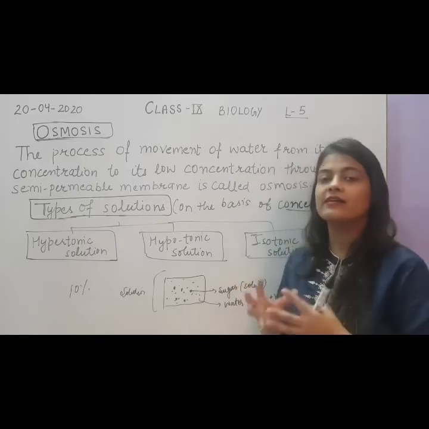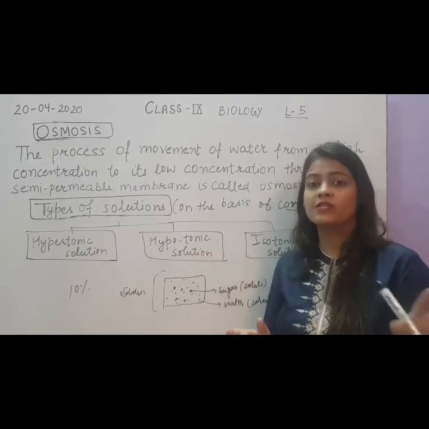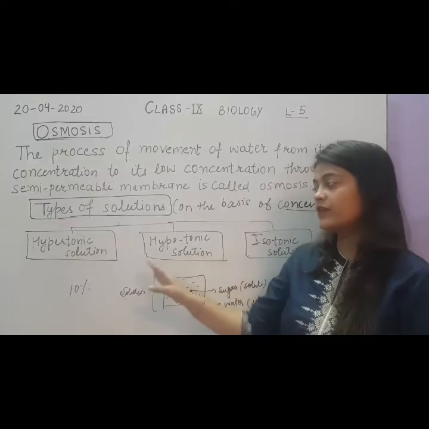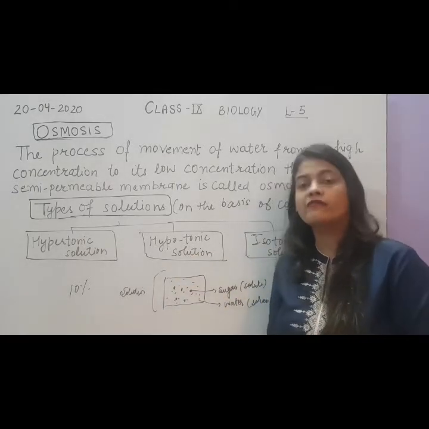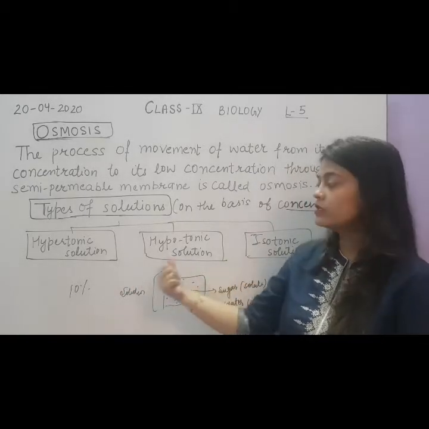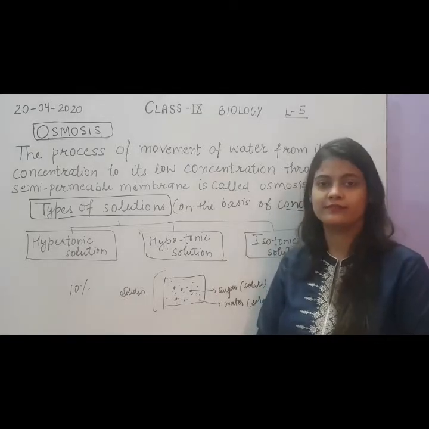So inside the cell there is some concentration because it has a mixture of both solvent and solute. On the basis of comparing the concentration inside the cell and the outside environment of the cell, we have three types of solutions. We will take up these three types one by one.